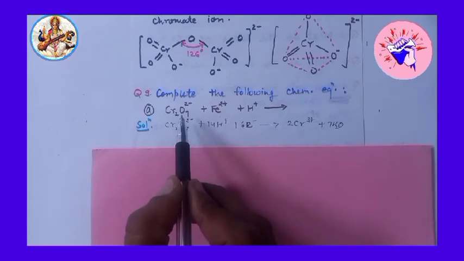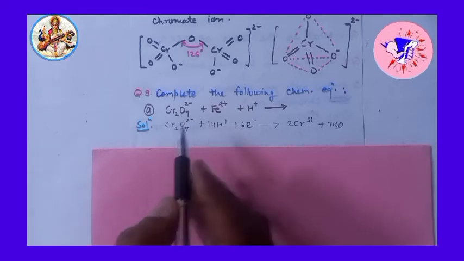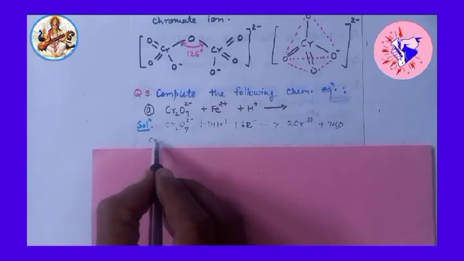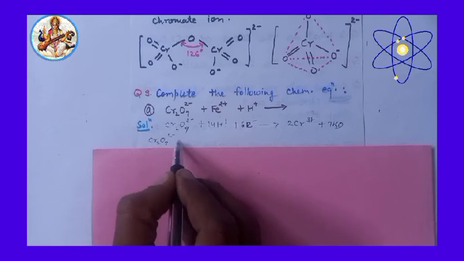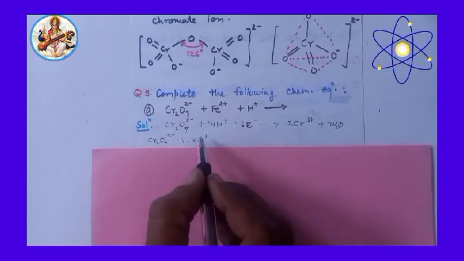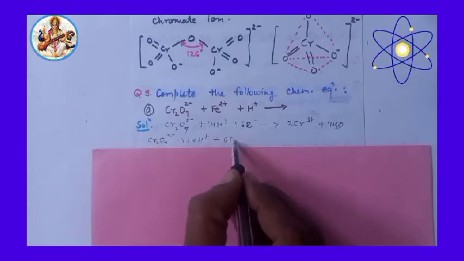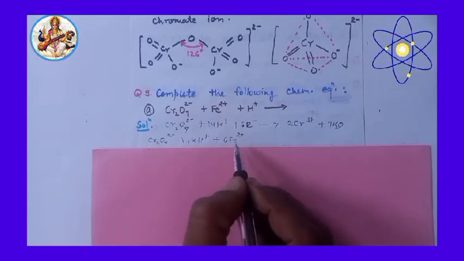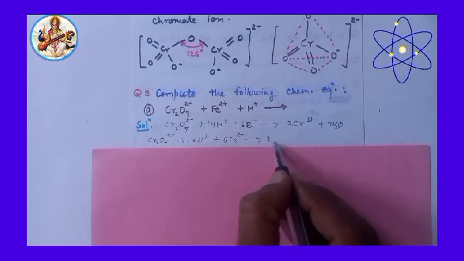So, the answer to the question is the chemical reaction Cr2O7 2- plus 14 H+ plus 6 ferrous ions.